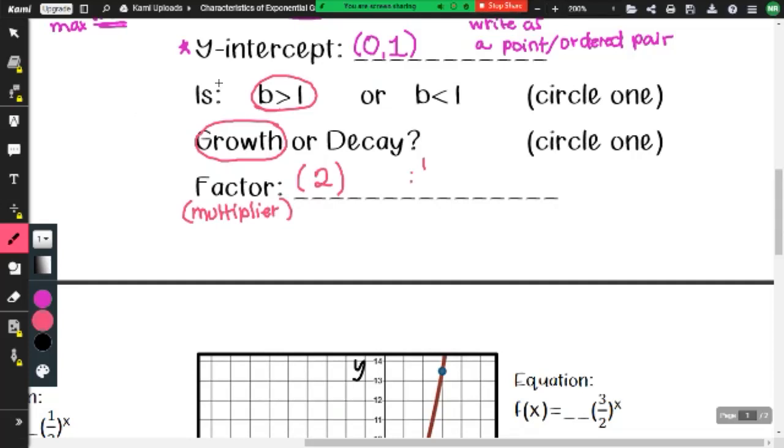So that 2 is the number we multiply to get the next y value, specifically the next y value. That's the number that we're going to be multiplying to get to the next y value. 2 times 2 is 4, times 2 is 8, times 2 is 16.